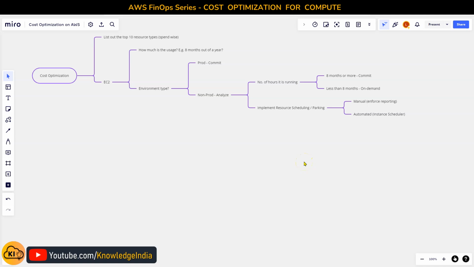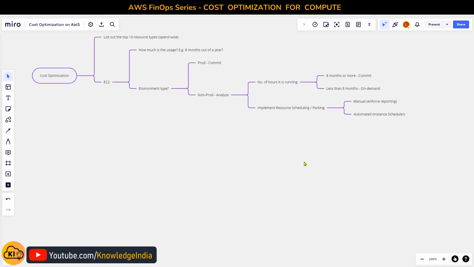So many years back there was no option to stop RDS instances, right? But then they brought that option that you can go ahead and stop RDS, right? So create a list of that, and all those resources in your environment which can be stopped, you should stop in the non-prod environment, right? That's very important. So that's one.